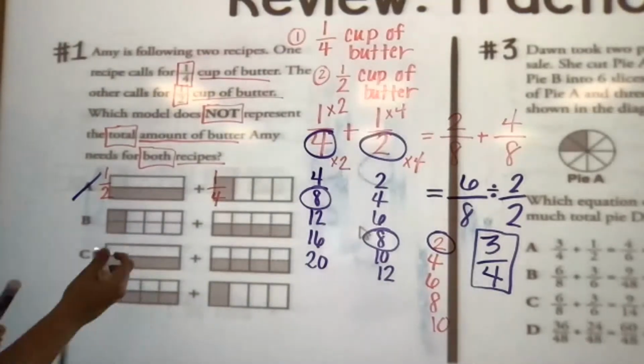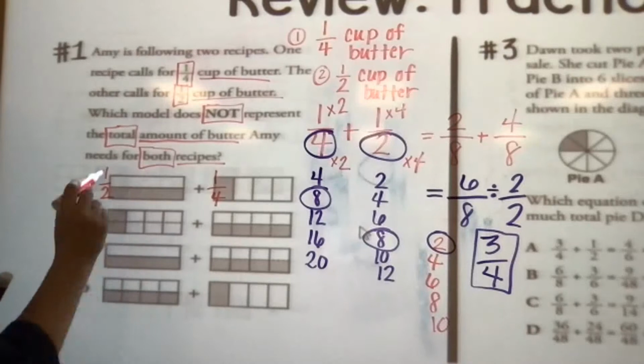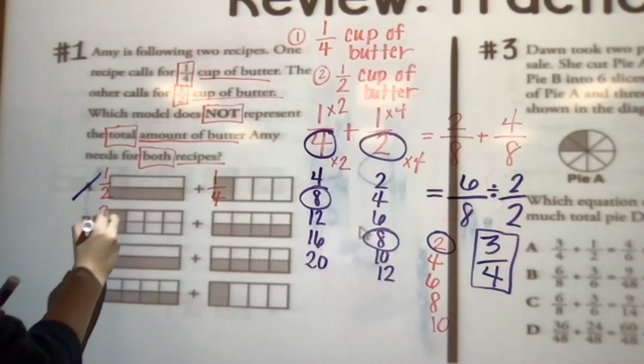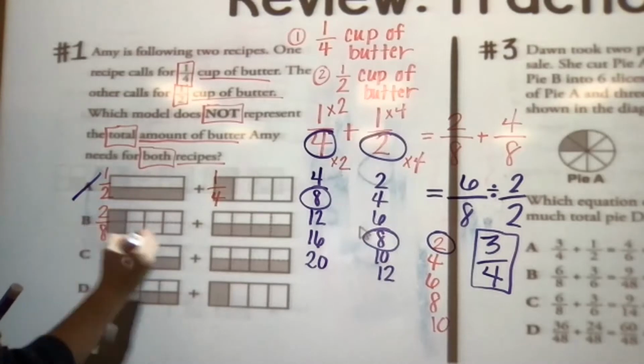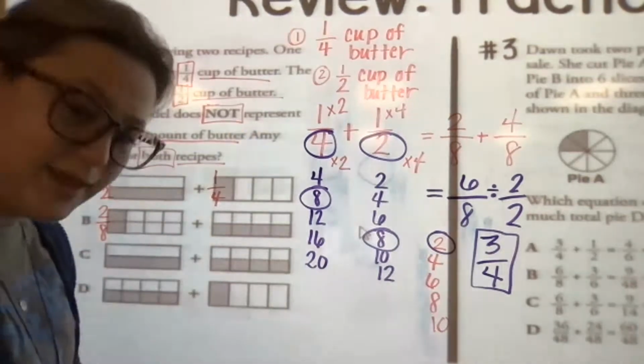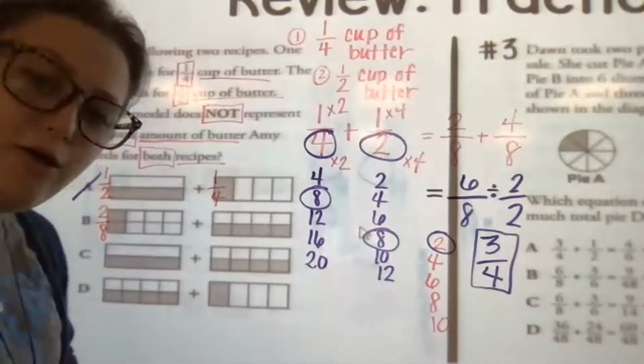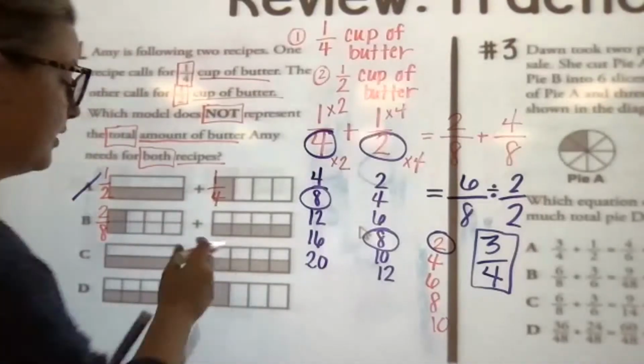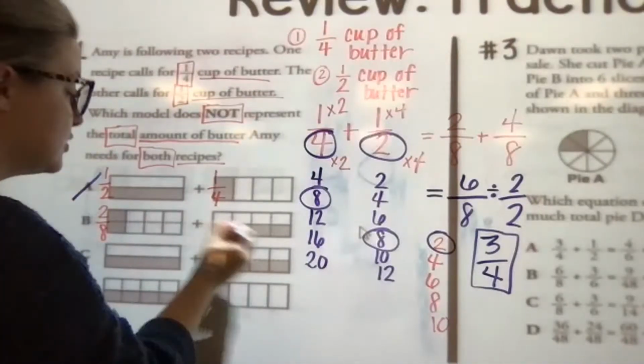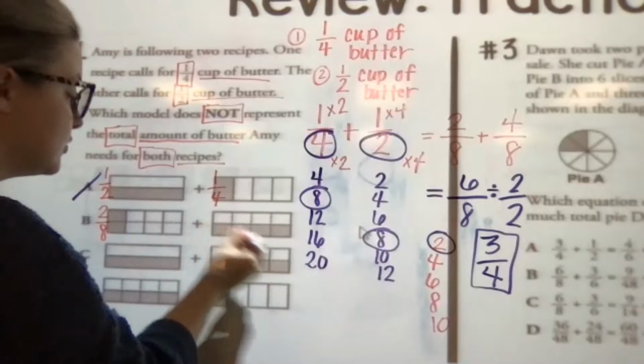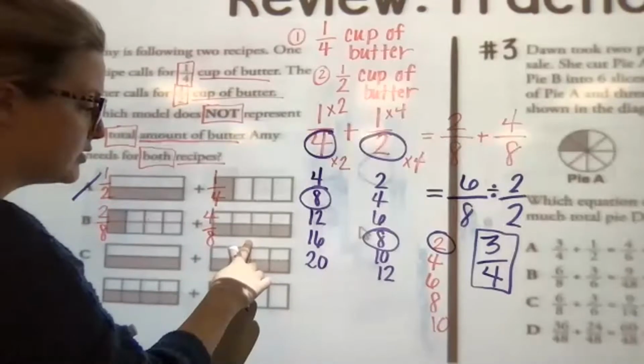So now let's look at B. This rectangle is divided into 8 and it's colored in 2 times. This rectangle represents 4/8 as it is divided into 8 squares and 4 are colored in.